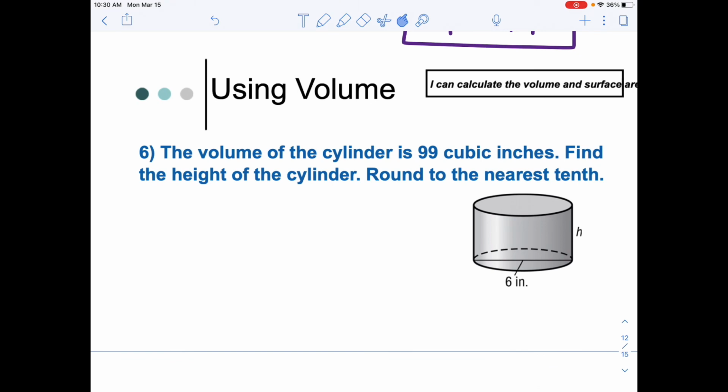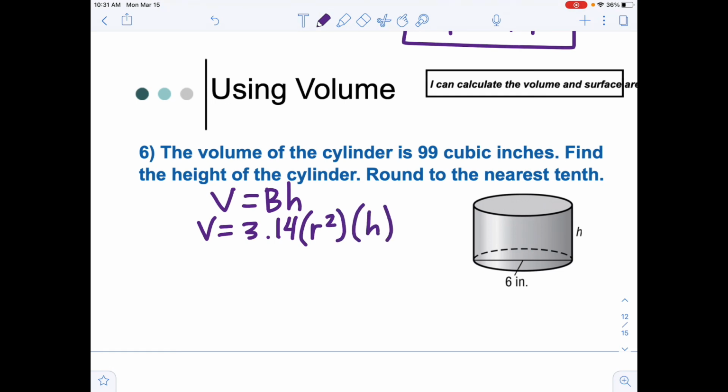All right, this next problem says the volume of the cylinder is 99 cubic inches. Find the height of the cylinder and round to the nearest tenth. So we know volume is area of the base times height. So volume is 3.14 r squared times the height. I'm given the volume is 99. We know 3.14 is pi. My radius is half of the diameter. So if my diameter is 6, that means my radius is 3 squared. And I'm trying to find the height.